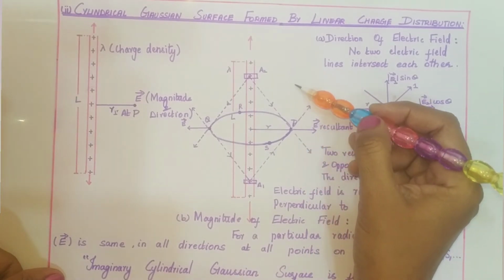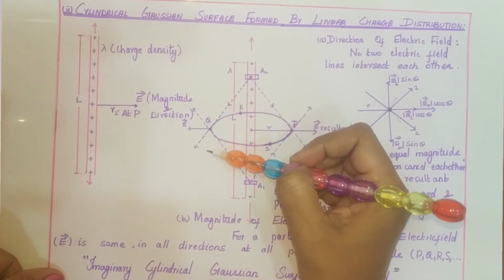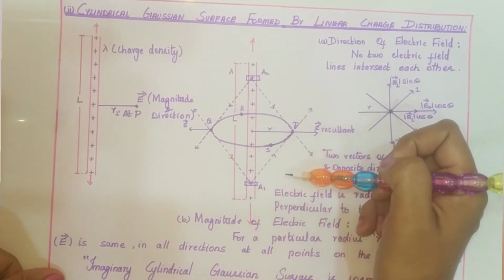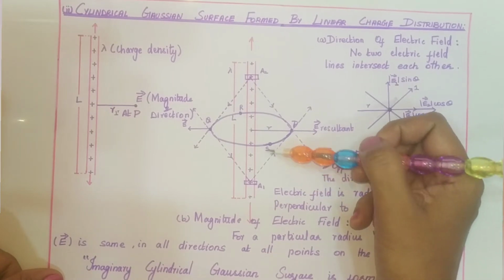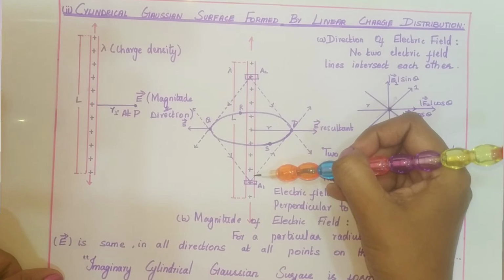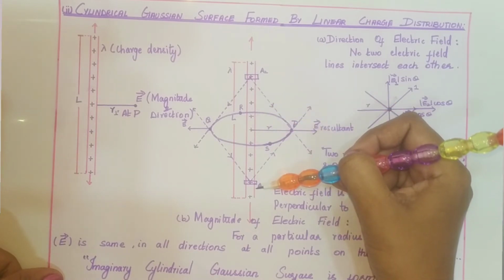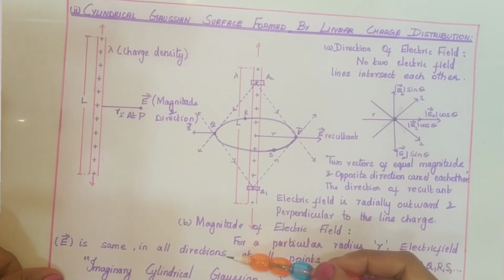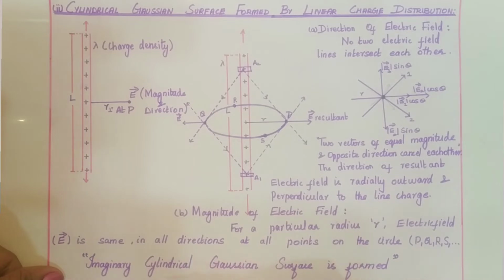If all the charges are considered, then around the wire a cylindrical Gaussian surface is formed. The infinitely long wire, that is a linear charge distribution, creates an imaginary cylindrical Gaussian surface.